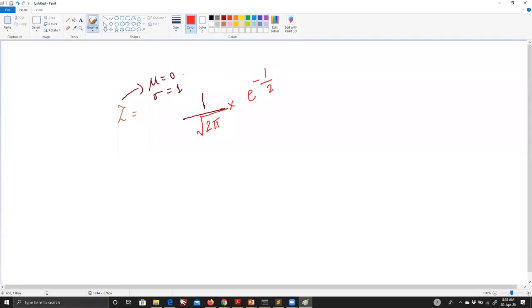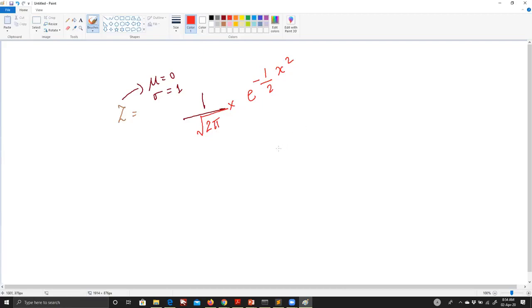Again, mu is 0 and sigma is 1, so that doesn't affect anything here, leaving x squared. So this is the equation for the z distribution.